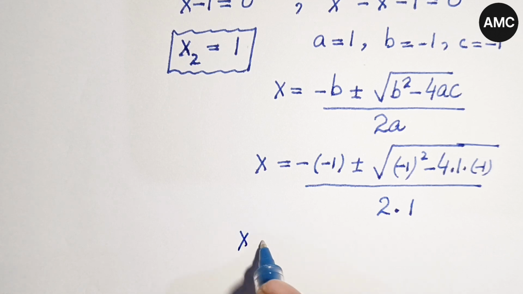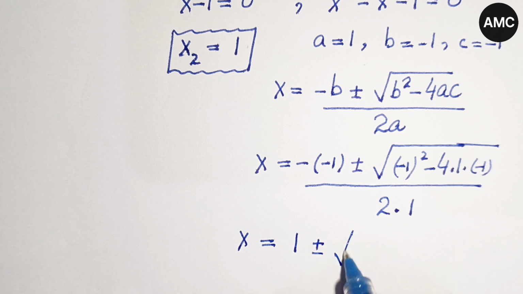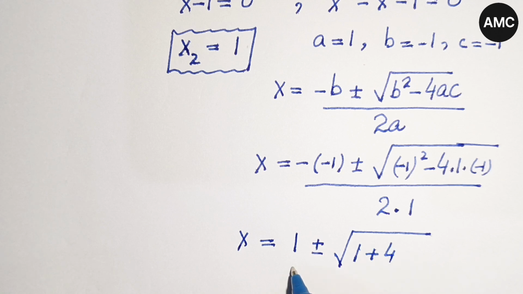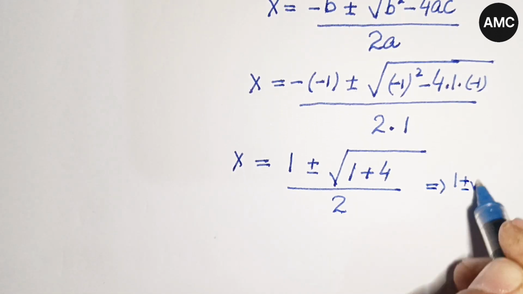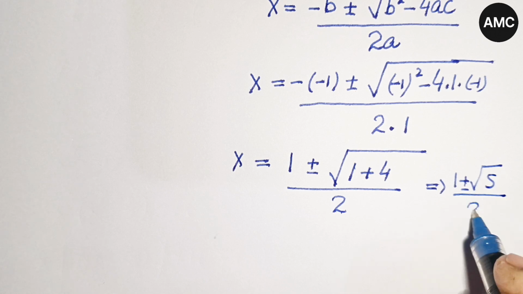Now x is equal to 1 ± square root of (−1) squared is 1, and here minus times minus is plus 4 times 1 is 4, all over 2. So here we get (1 ± square root of 5) over 2.